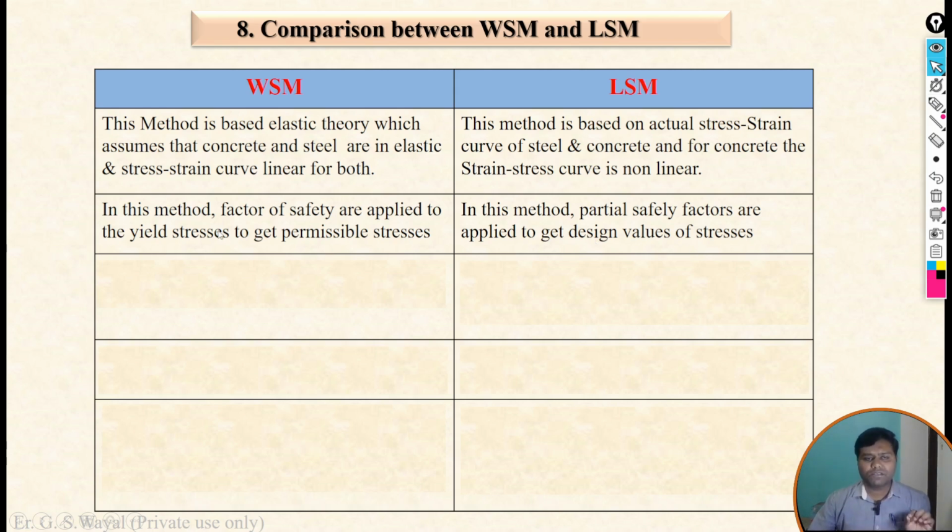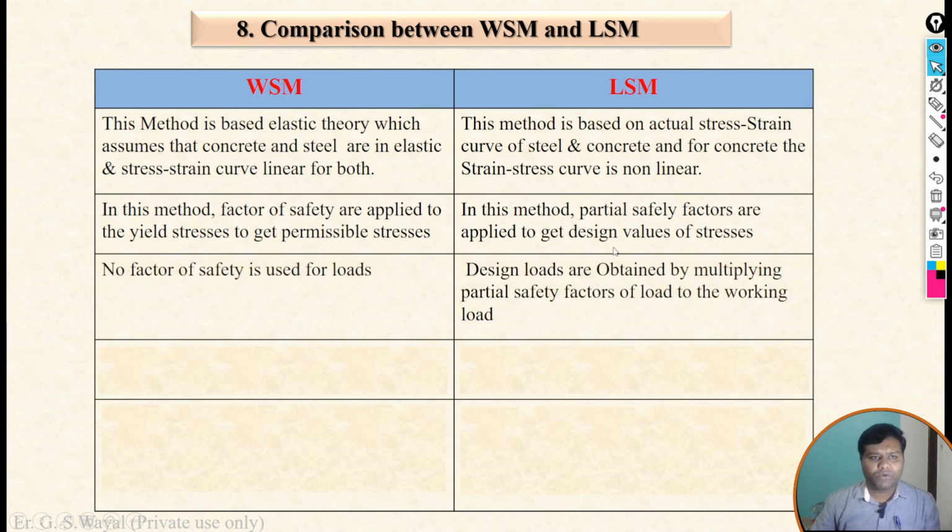Means in the working stress method we focus on the yield stress only, to get the permissible stress, while in the limit state method we consider the design stresses. Next, no factor of safety is applied to the load in the working stress method, because there we are focusing on the stresses.